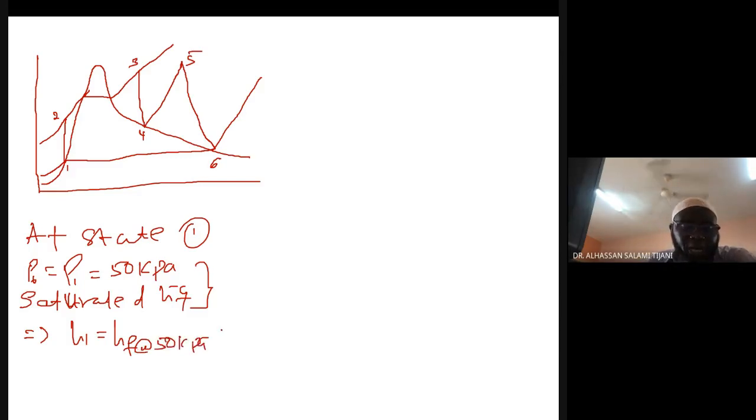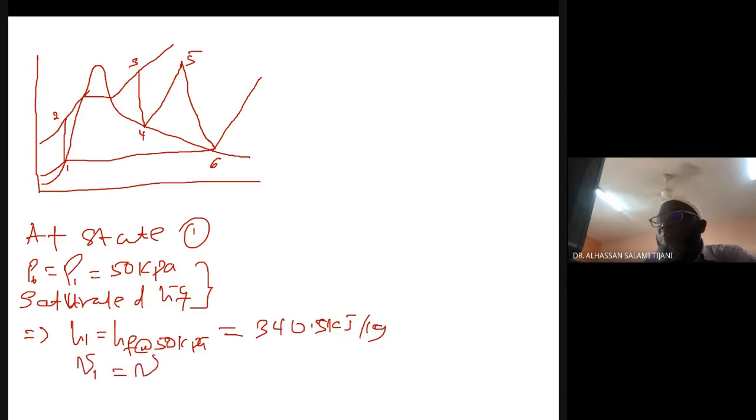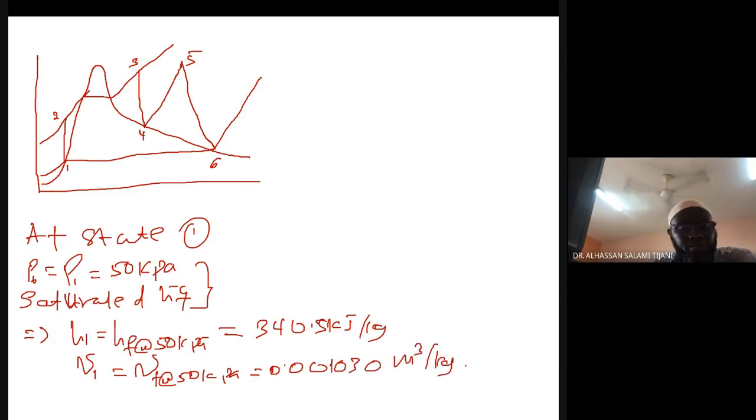If you check properly from the property table, this gives us 340.5 kilojoules per kilogram. Similarly, specific volume equals vf at 50 kilopascal, which equals 0.001030 meter cubed per kilogram.